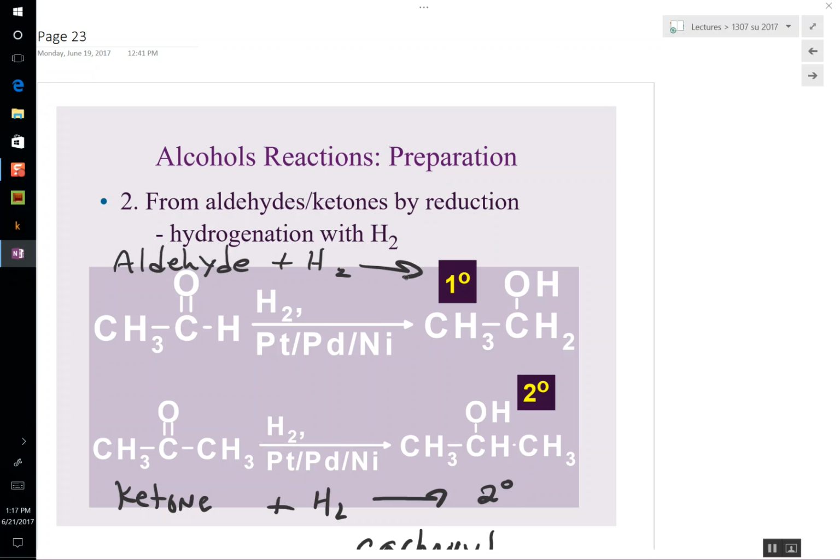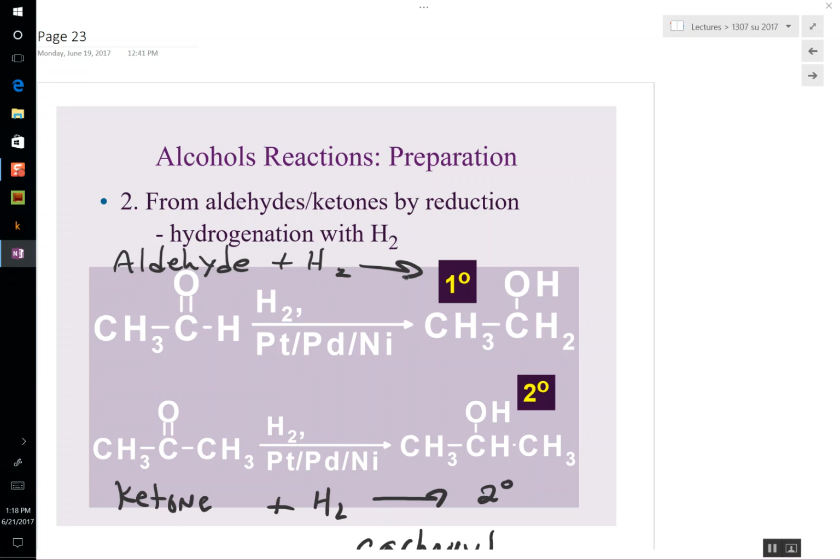For your sake, if I gave you a reaction, maybe even wrote out the molecule plus hydrogen yields what? Just keep this in mind. The OH should end up on the carbon that the oxygen was on to begin with. Nothing happens to that one bond right there. We add a hydrogen here and take away one bond, but that doesn't move.